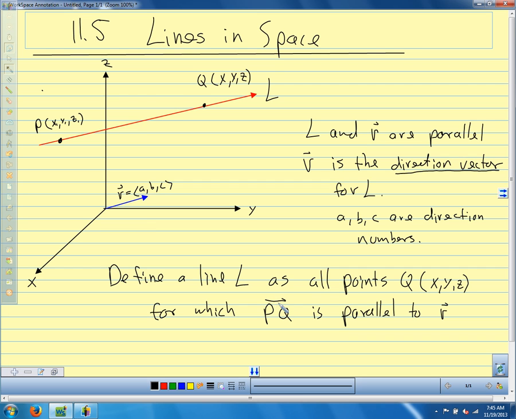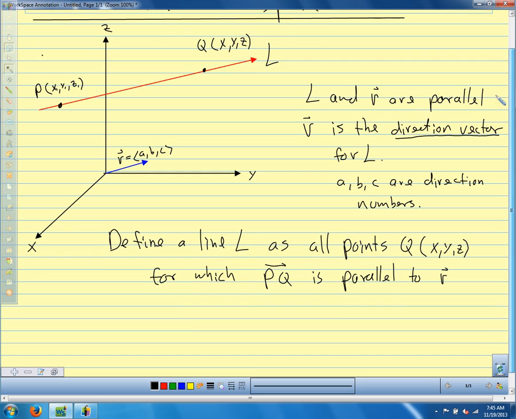So the fact that these are parallel means that PQ is a scalar multiple of V. That's how we tell that vectors are parallel. So we can write a vector equation for our line.